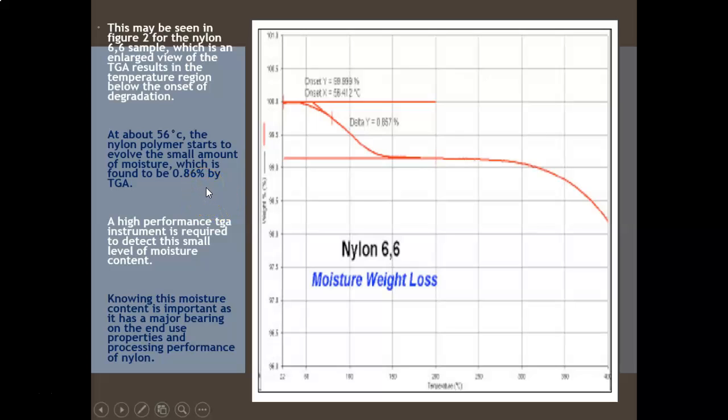Knowing this moisture content is important, as it has a major bearing on the end use properties and processing performance of the nylon. So it depends on the application. If the application of nylon is in a toothbrush, the main focus is in the area between 0 to 150 degrees C. You want to detect the presence of water or not.